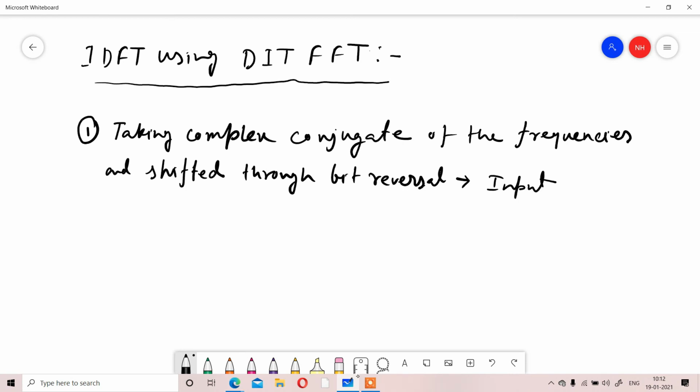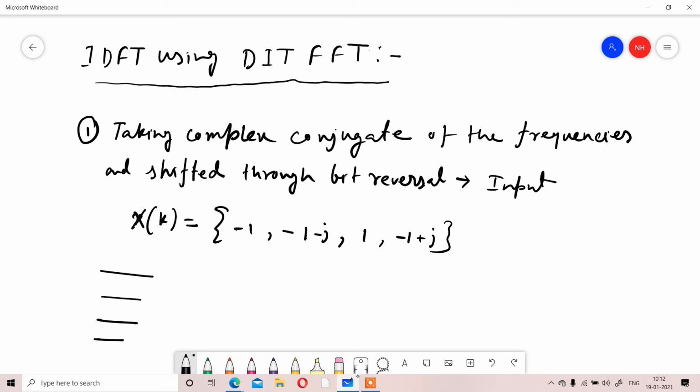Suppose Xk is given as -1, -1 minus j, 1, -1 plus j. If this is your Xk, obviously the input that you will choose follows bit reversal: first will be x0, second will be x2, third will be x1, fourth will be x3.